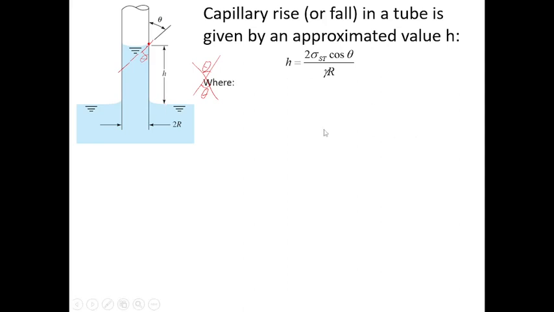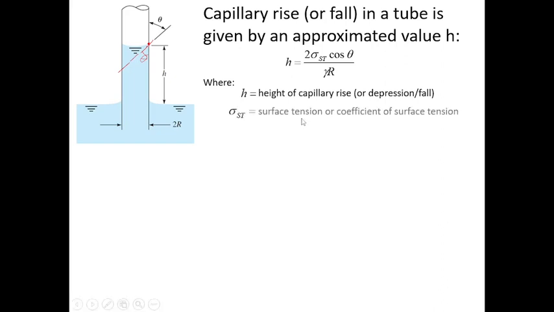So take note that, as I have mentioned, h is the height of capillary rise or fall, capillary rise or depression. If the height is positive, that is capillary rise. If the height is negative, it implies that there is capillary fall or capillary depression.